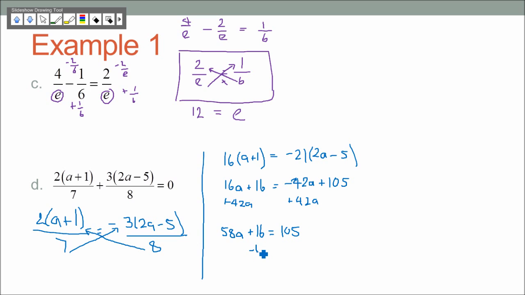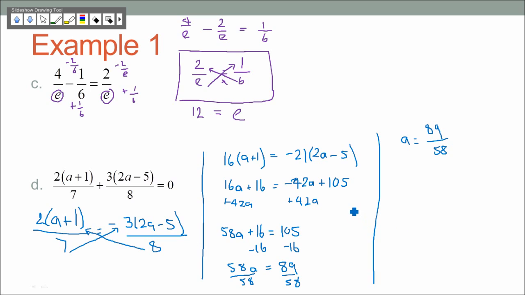Then we subtract 16 from both sides, so that we have 58a equals 105 minus 16 is 89. Then we're going to divide both sides by 58 to give us a equals 89 over 58.